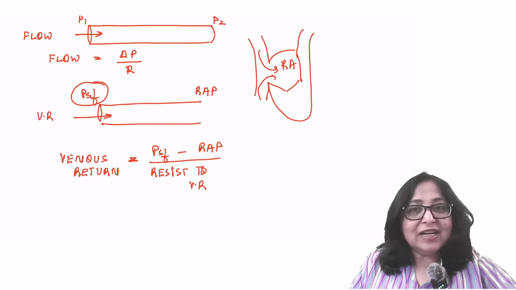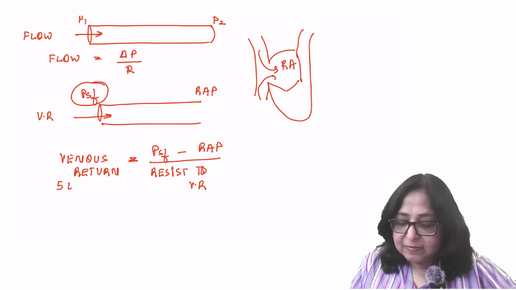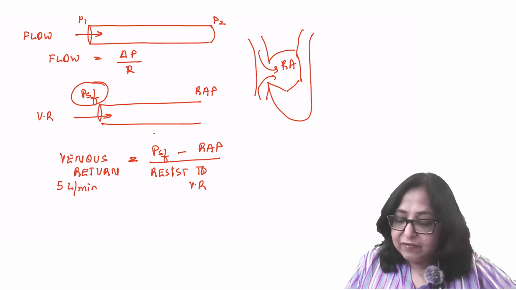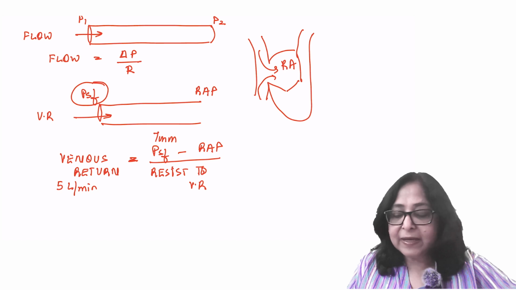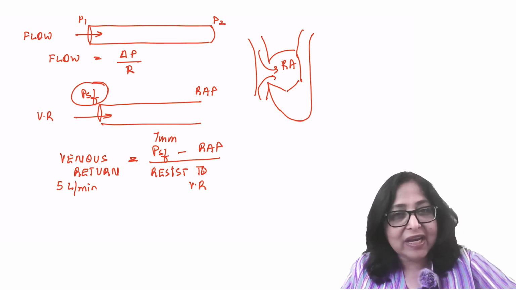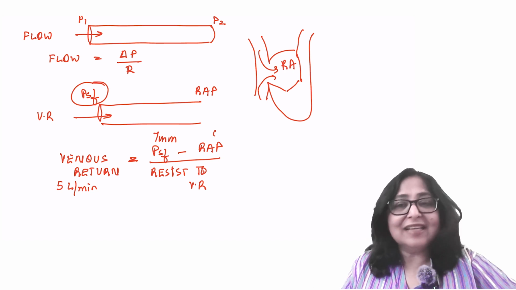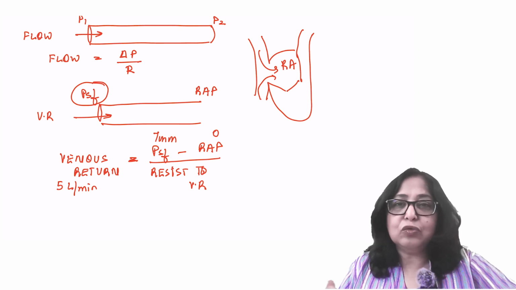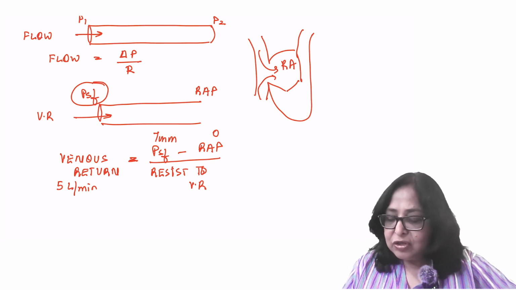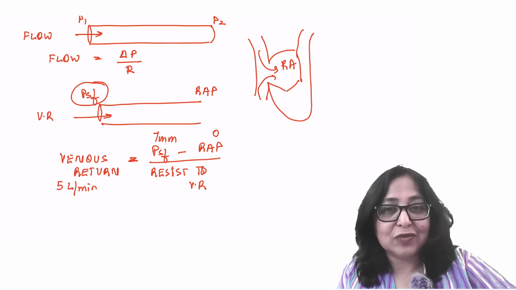So normal venous return at rest is 5 liters per minute. Mean systemic filling pressure is 7 millimeters of mercury. Right atrial pressure is very less. We take it as 0. It is about 0 to 3 millimeters of mercury. So you can calculate the resistance to venous return.